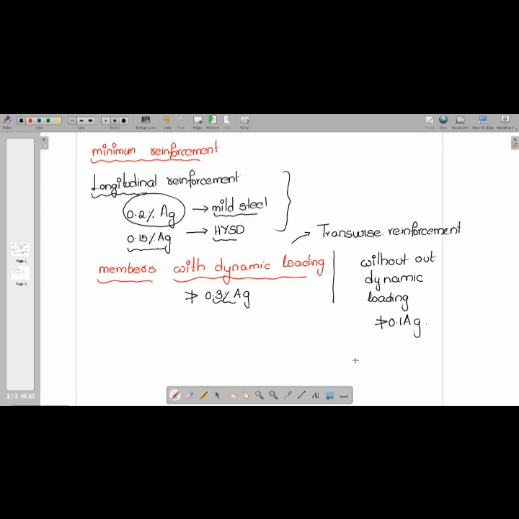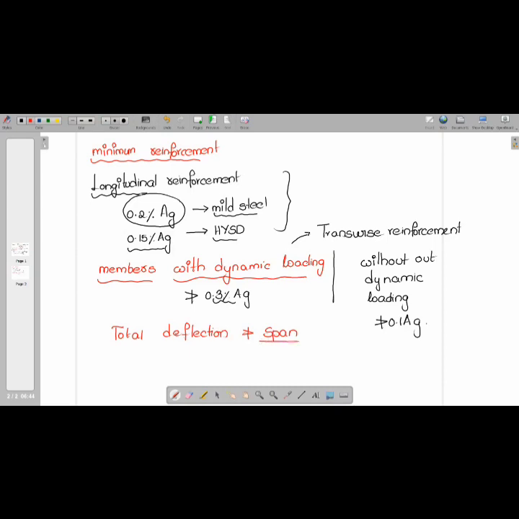When you talk about deflections, the total deflection should not exceed span by 250.